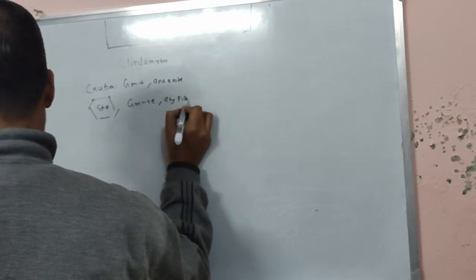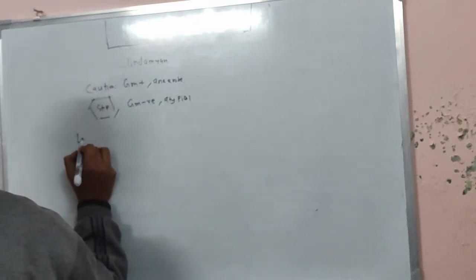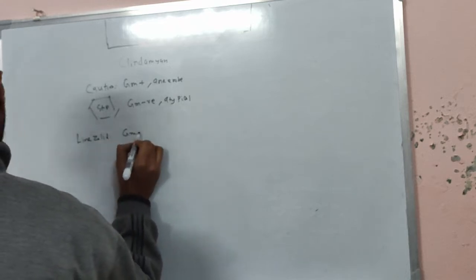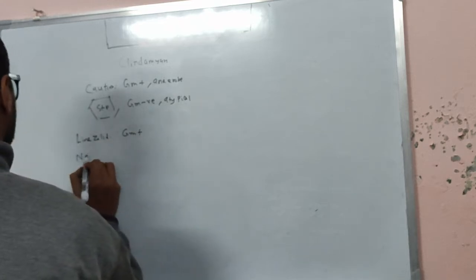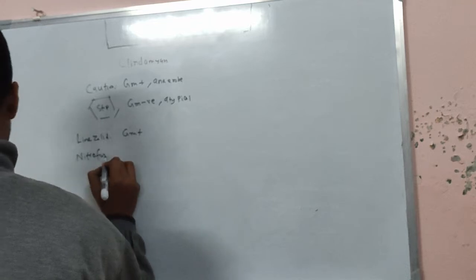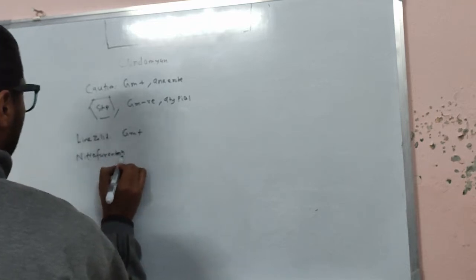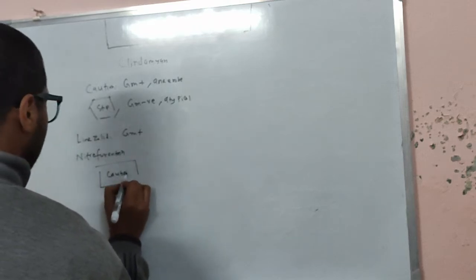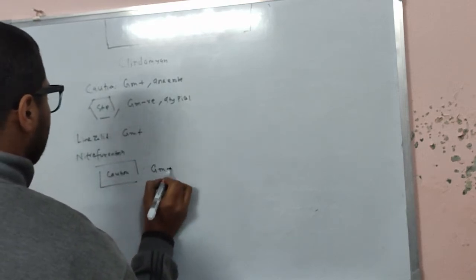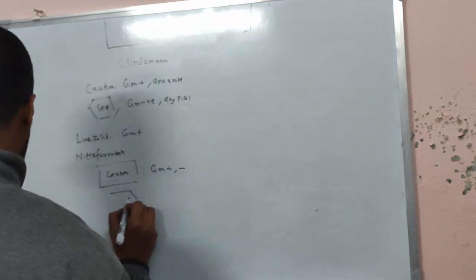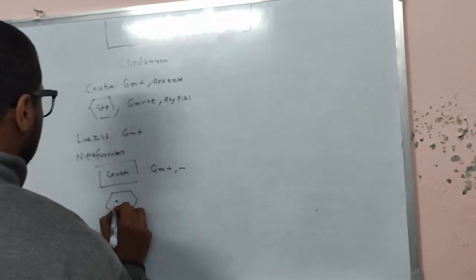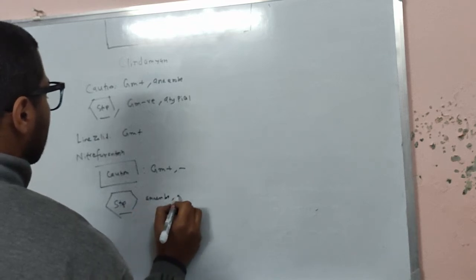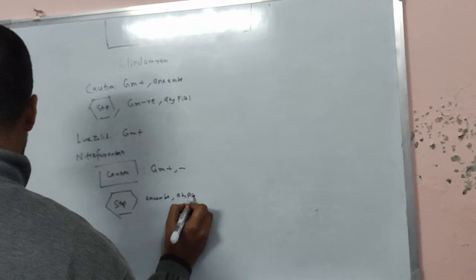Linezolid, only for gram-positive. Nitrofurantoin is somewhat effective against gram-positive, negative, and not at all effective against anaerobe and atypical.